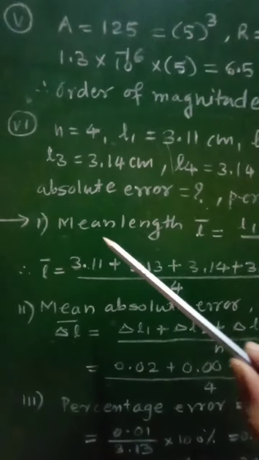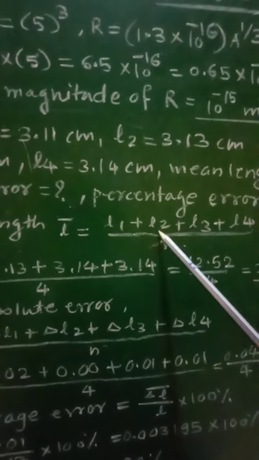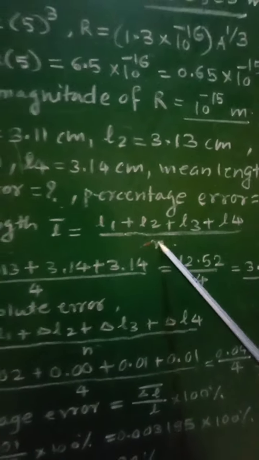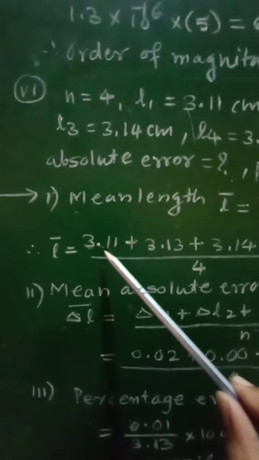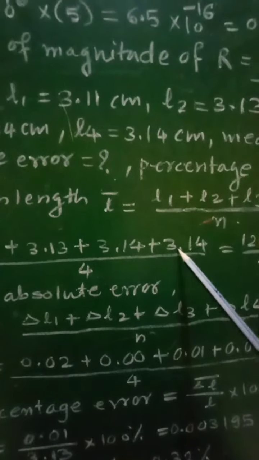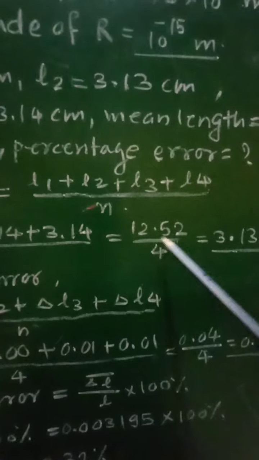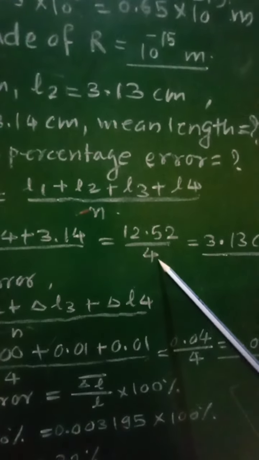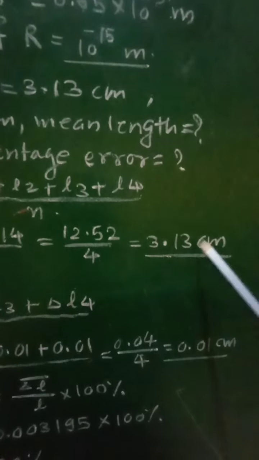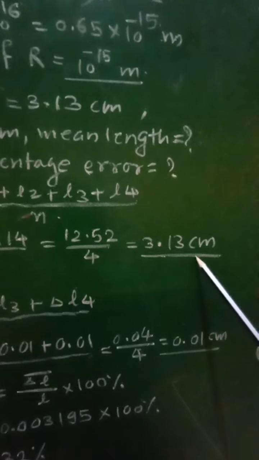First of all we will find the mean length, that is L bar, which will be equal to L1 plus L2 plus L3 plus L4 upon N. Putting the values, we get L bar equal to 3.11 plus 3.13 plus 3.14 plus 3.14 upon 4, which comes out to be 12.52 upon 4, which is equal to, in proper order of magnitude, 3.13 centimeter. This will be the mean length.